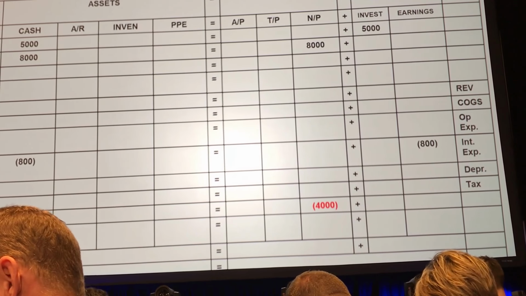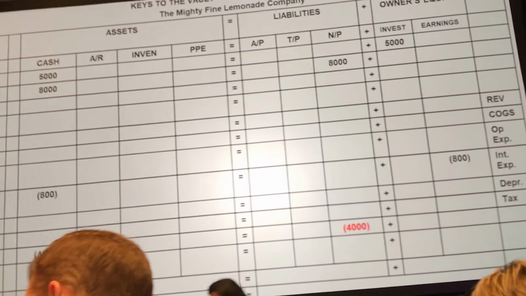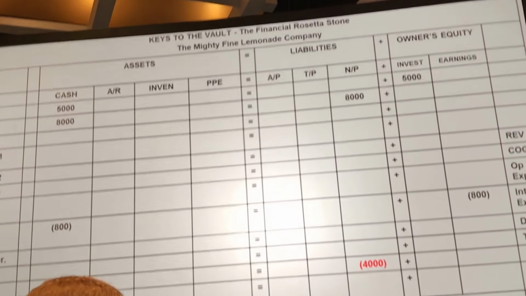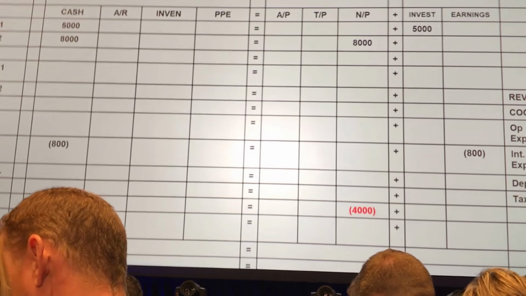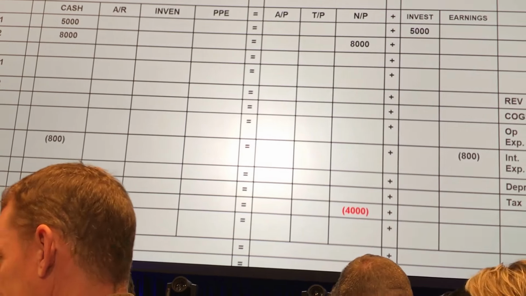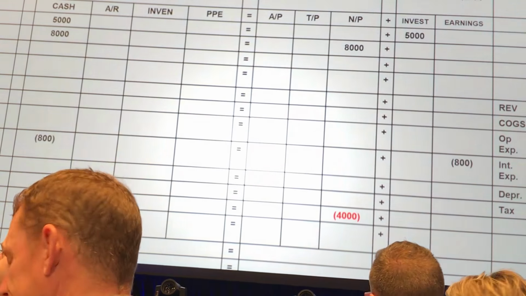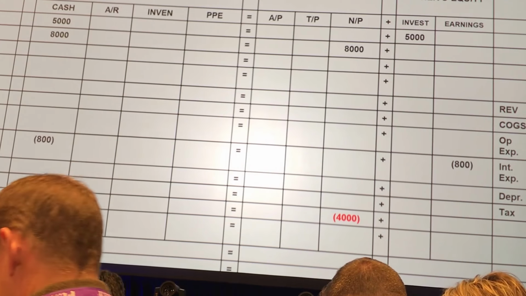You see what's happening? We're just making sure the balance sheet stays in balance and we're converting words into numbers, which is what accountants do all day long, which helps explain their personalities. Every day they're doing this.